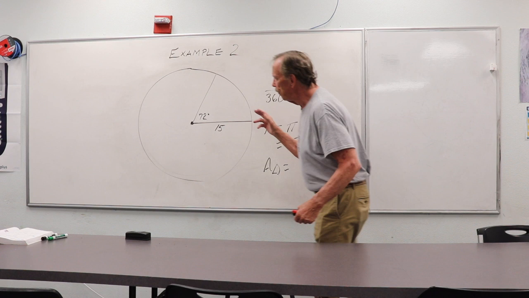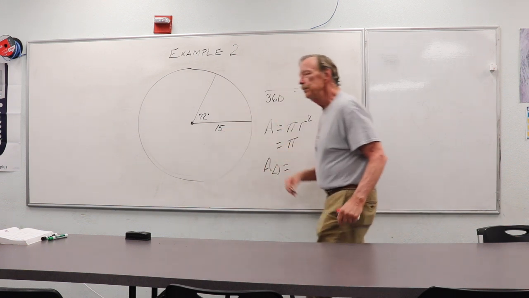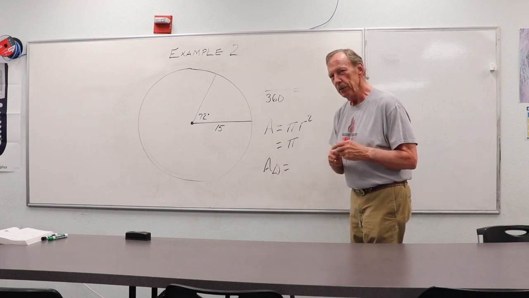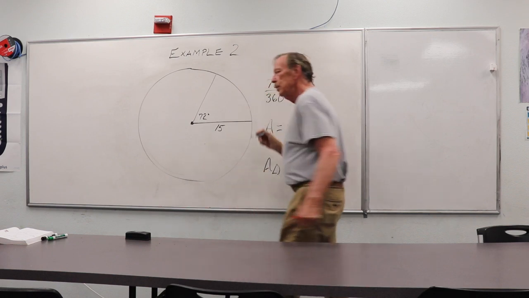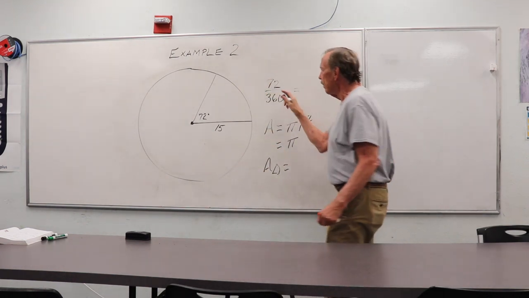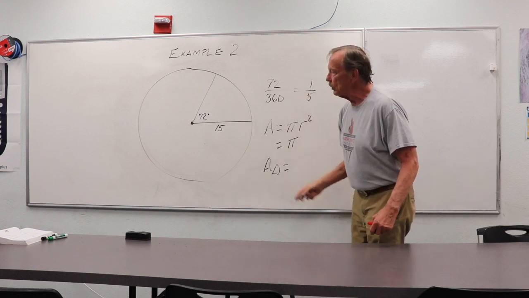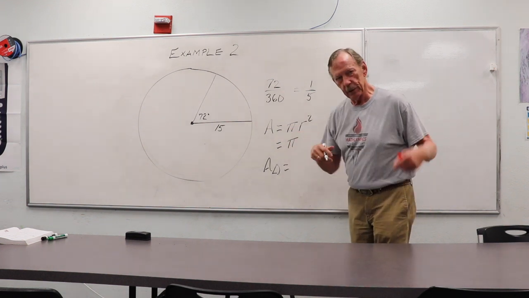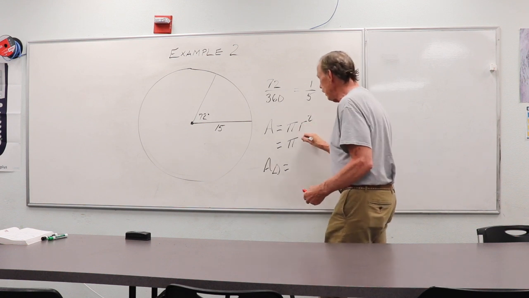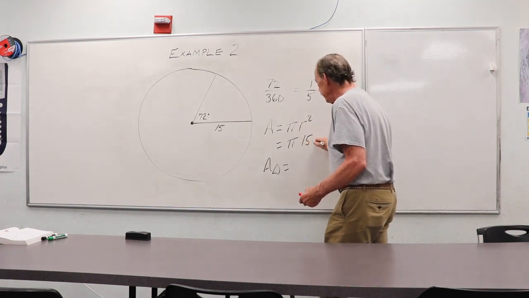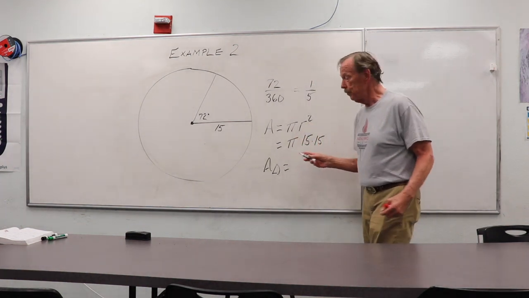In this example, we've made the angle 72 and the radius 15. Let's fill in the blanks. 72 over 360. That's 1/5. So this sector is 1/5 of the whole circle. Well, the whole circle is pi r squared, which is pi times 15 times 15, the area of the whole circle.